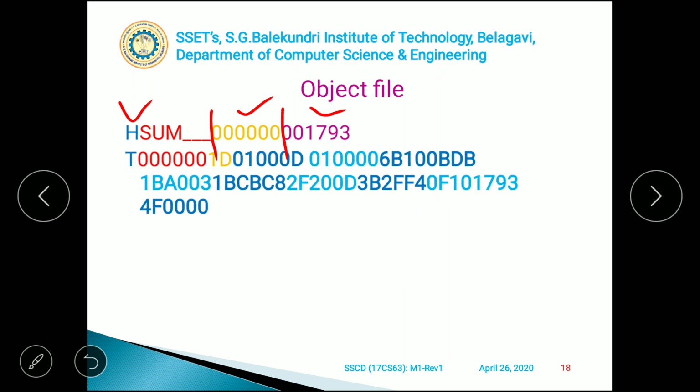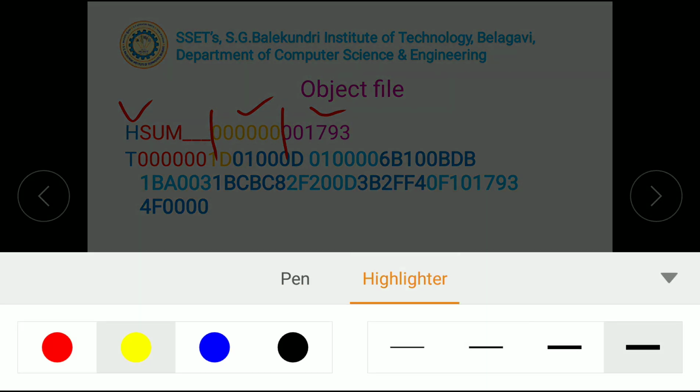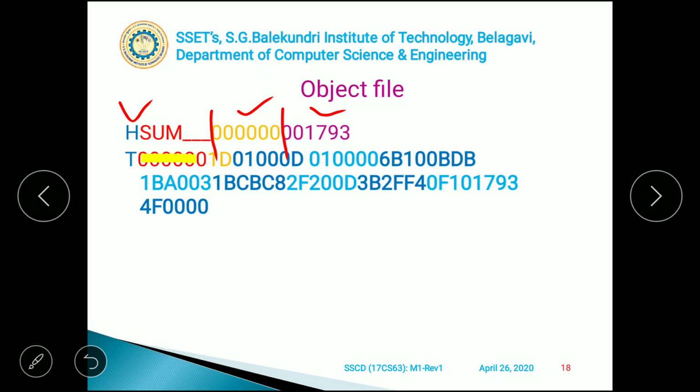Then the text record, you can see it begins with a T, then you have the starting address of the program, it is 00, then the next 2 digits are going to be the length of the total program. Here it is a very small program, total length is 30 bytes.